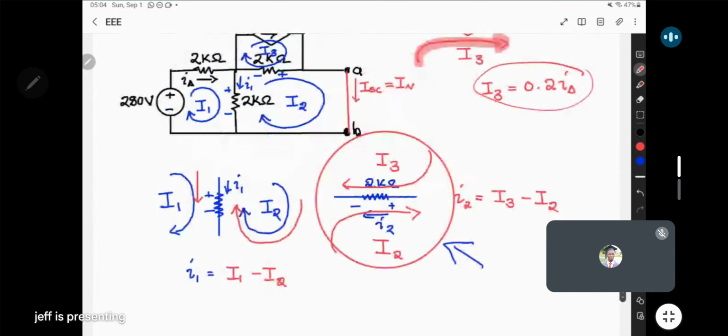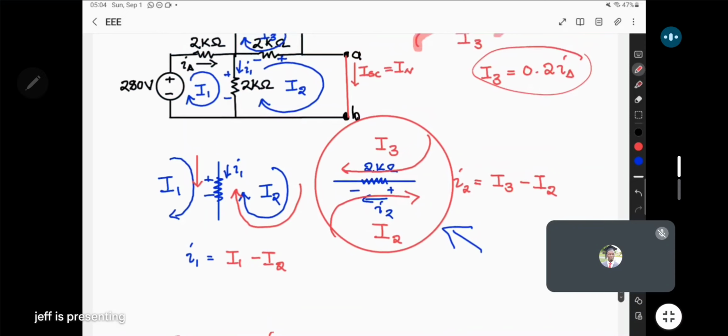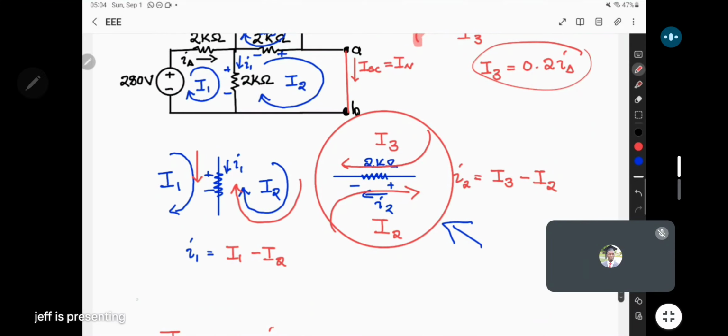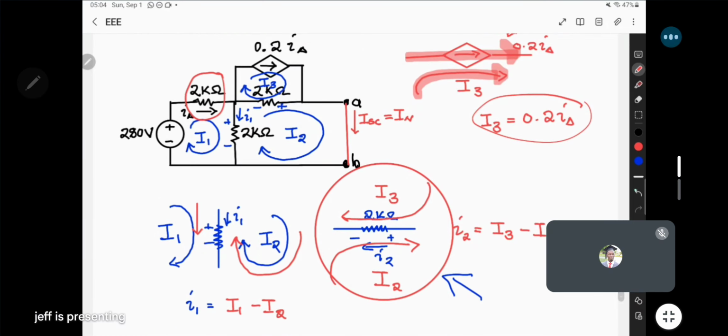Now let's go to mesh 1. In mesh 1, what are we seeing? So there we're going to use Kirchhoff's voltage law. So we first find minus the supply voltage, which is negative first, 280 volts. Then plus, so you find the 2 kilo ohm, and for the 2 kilo ohm, you're finding it positive first. The current passing through it is I delta, but in terms of the mesh current, it is mesh current I1.